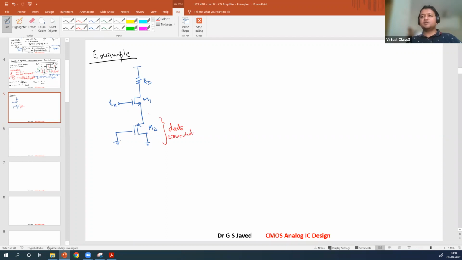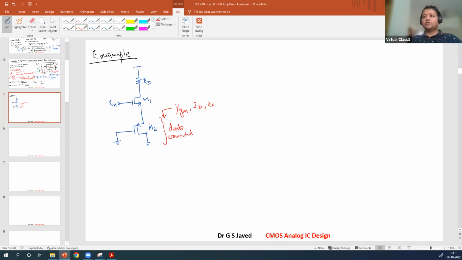Diode connected means its effective impedance looking into the source is 1 over gm. It is at the edge of saturation, so you can use the saturation drain current equation for the load. Channel length modulation will also be there, so you will also have R0, which is going to be in parallel with 1 over gm.